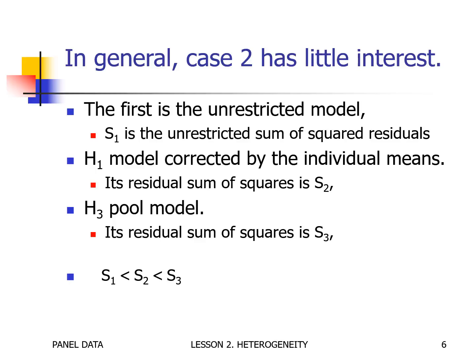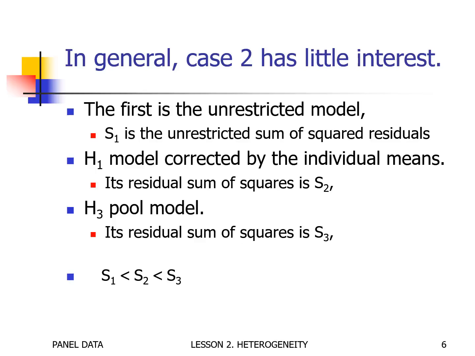As we see here, it says that in general, case 2 has little interest, and the interest centers on cases in which you have S1, the sum square residuals of the first unrestricted model, S2, which is the model corrected by individual means, and then the pool model, which is S3, that corresponds to a situation in which this is the most restrictive model.